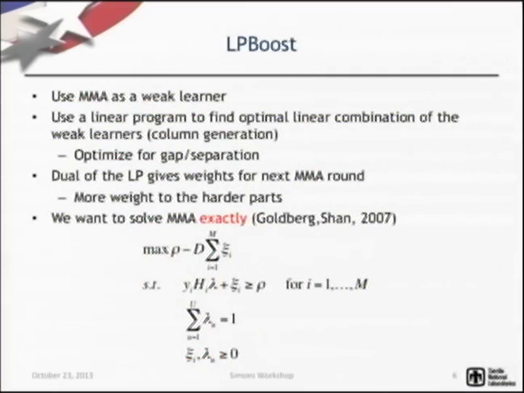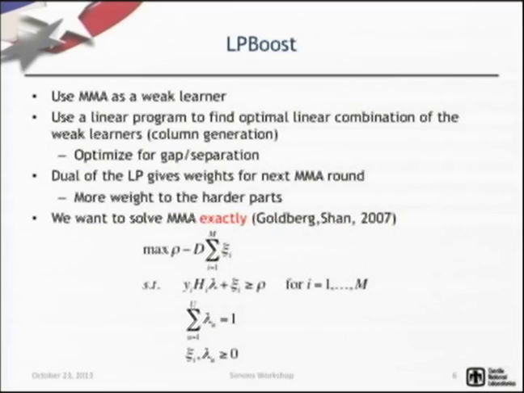So why are we interested in monomial agreement? It's because of a particular type of boosting that's based on linear programming called LPBoost. The way that boosting works is you create a classifier from a convex combination of weak learners, which might not individually be doing much, but as a whole, in the proper combination, do a good job of distinguishing positive and negative examples.